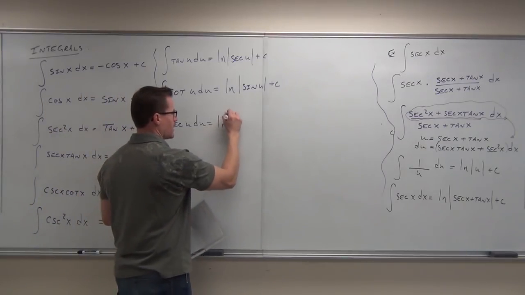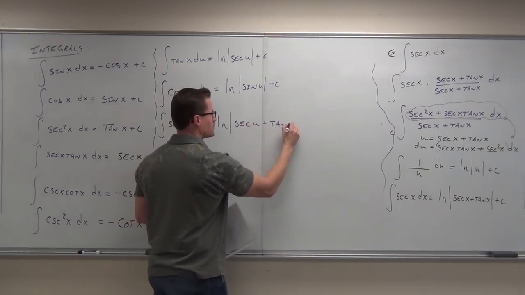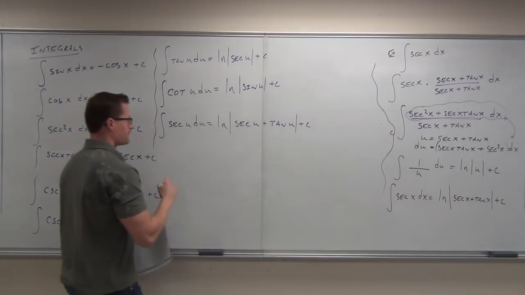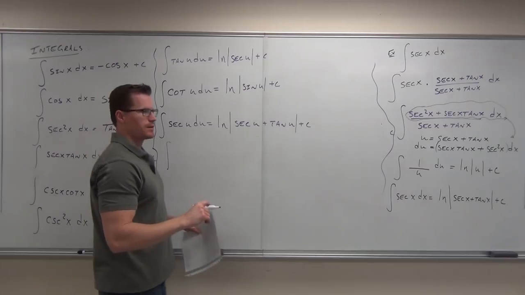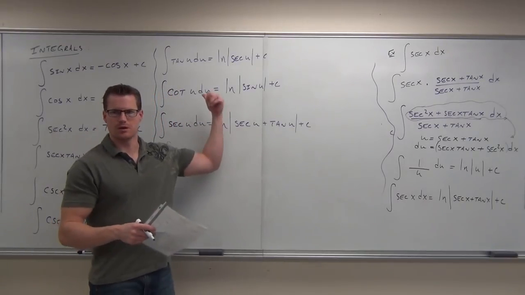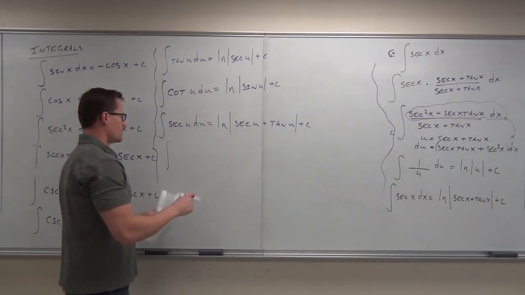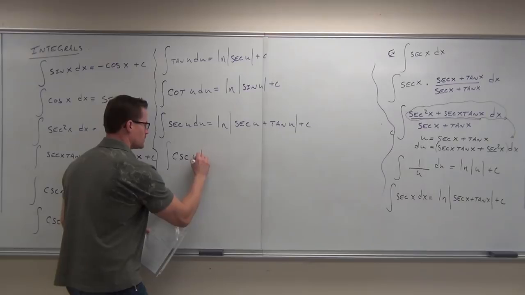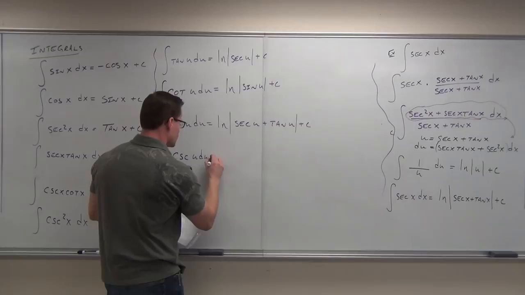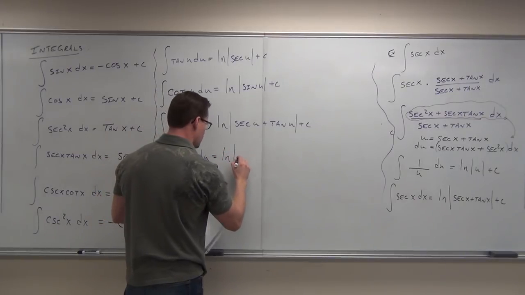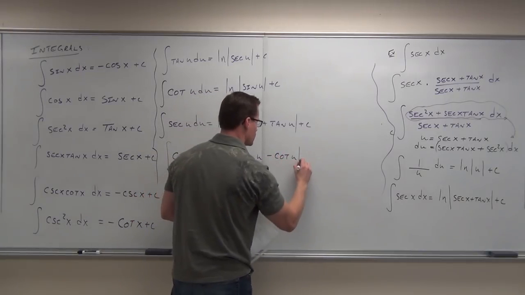So this would be ln absolute value secant u plus tangent u plus c. And last one, the cosecant proof would look really similar to this one. So we have ln absolute value cosecant u minus cotangent u.